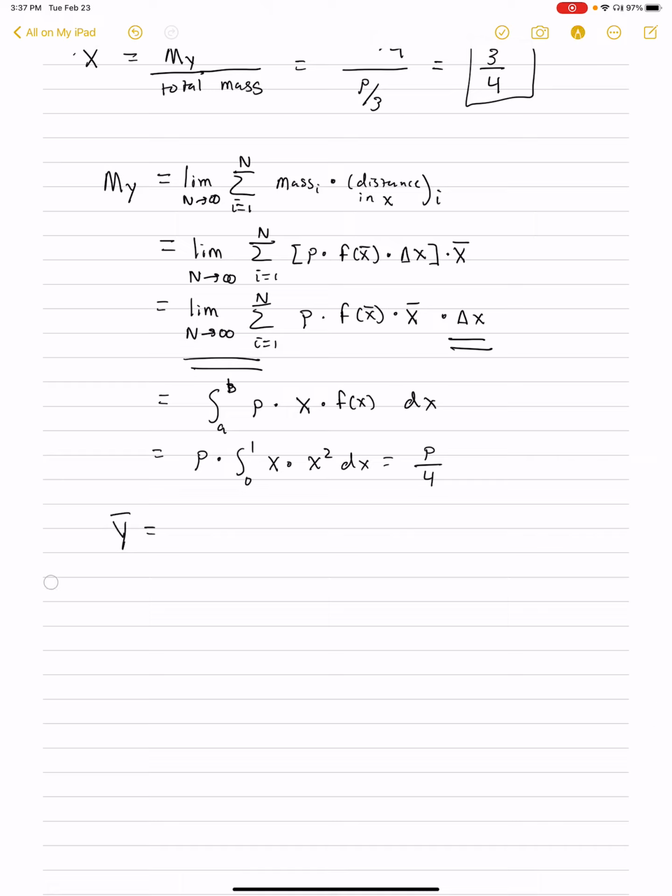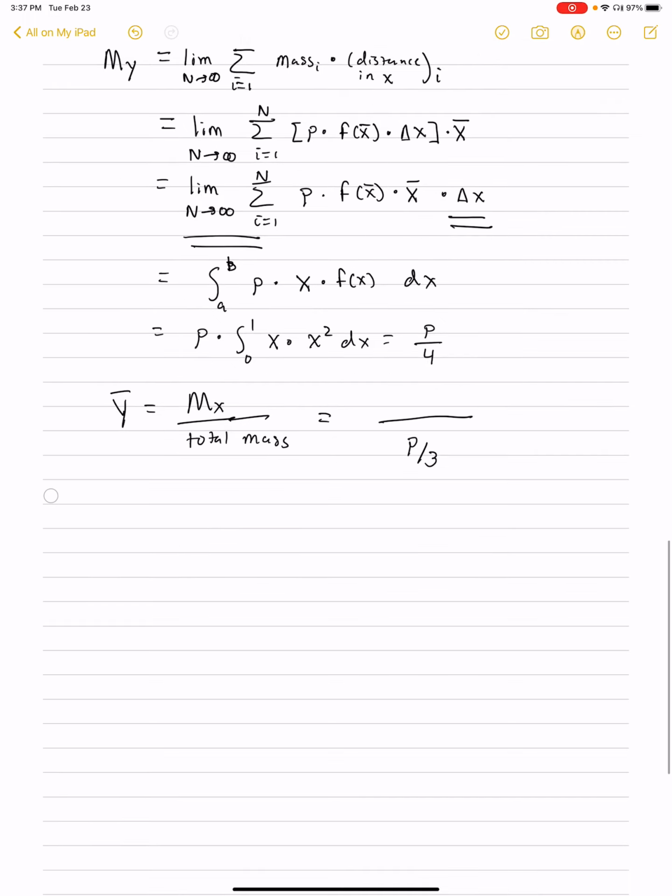So remember, y bar is going to be m sub x divided by total mass. Remember, total mass, that's going to be this rho over 3.